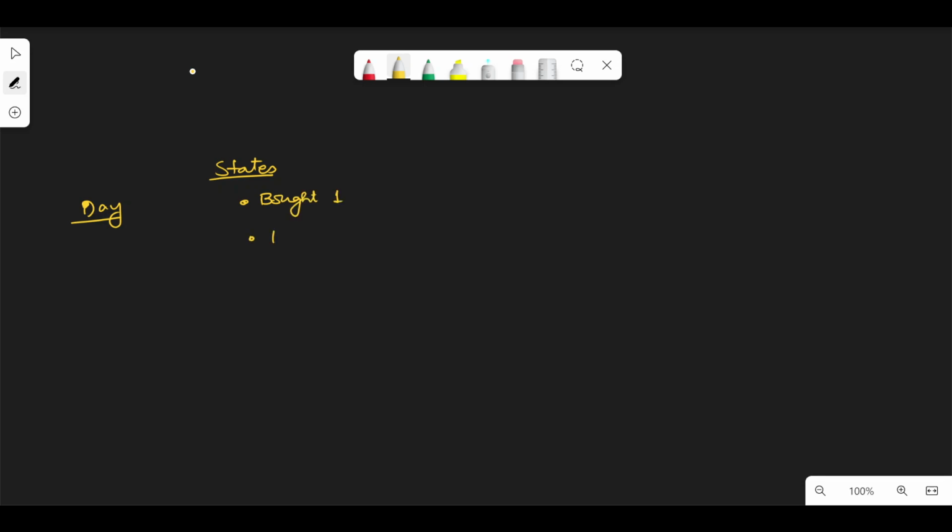Another state can be I have sold one. Another state could be that I have bought two. Another state could be I have sold two. Right, these are the only 4 states on any day that I can have.